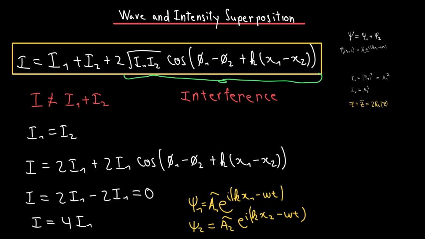And if we had, for example, omega 1 and omega 2, well, we would have had in the input of the cosine omega 1 minus omega 2. So phase difference and therefore interference can also occur from this difference in angular frequency. And the same applies, of course, for the spatial frequency. And so, in conclusion, the reason why intensities don't add up is because of this extra term that we have over here, which is responsible for wave interference.